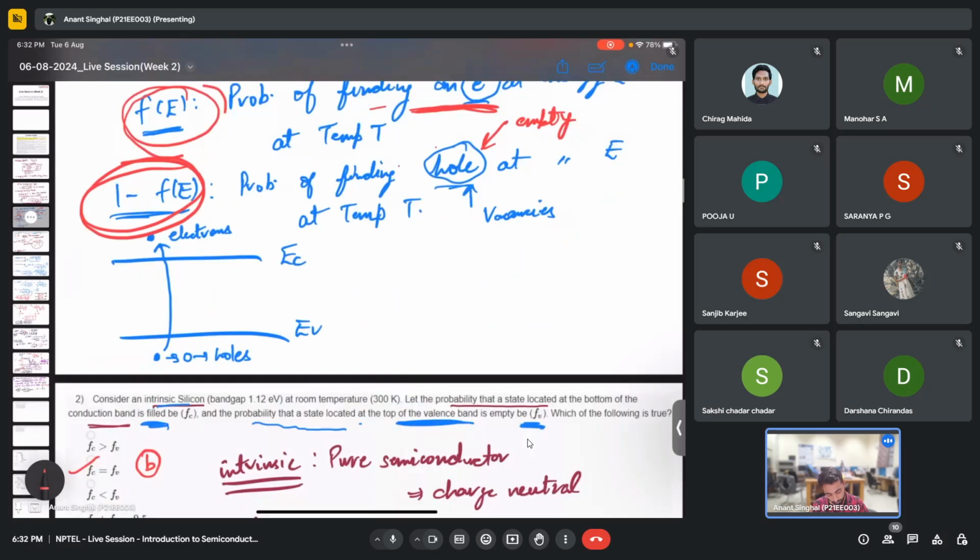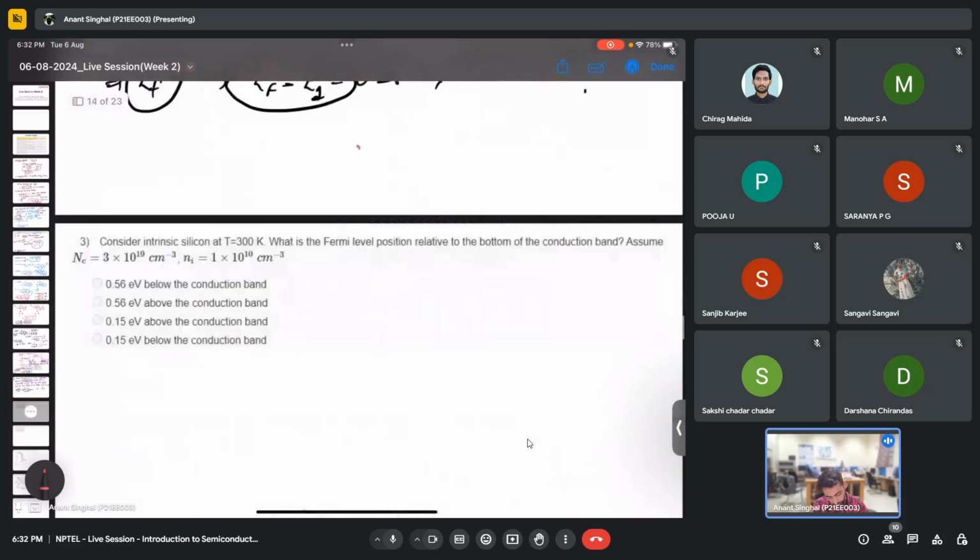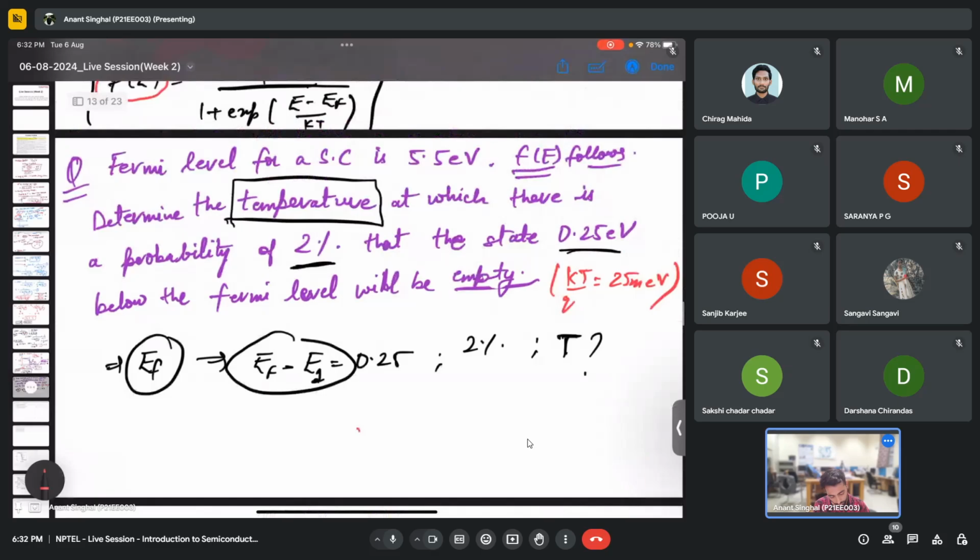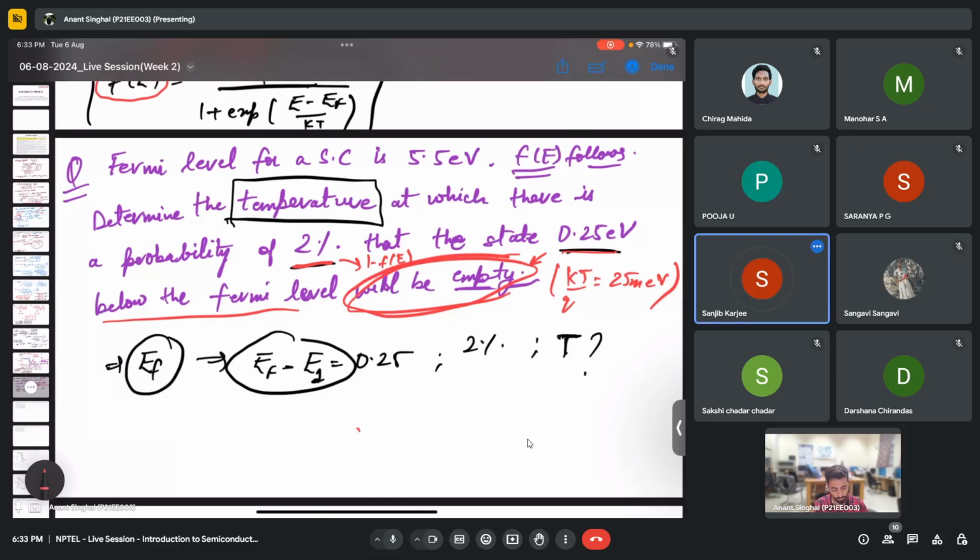So that is what I have given in the problem. I have said that the probability is 2% that the state 0.25 electron volt below the Fermi level will be empty. So the probability that I have given is for the empty state, not the filled. So this is nothing but 1 minus Fe, not Fe. Do you understand? Yes, sir. Yeah, just go ahead then.